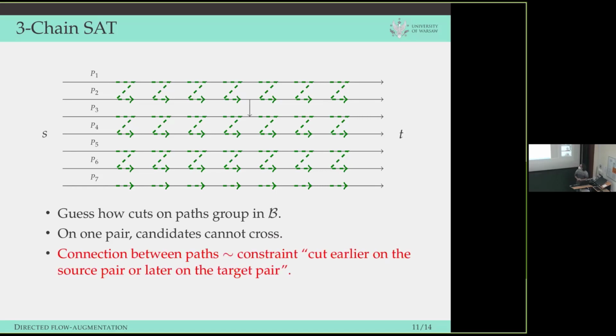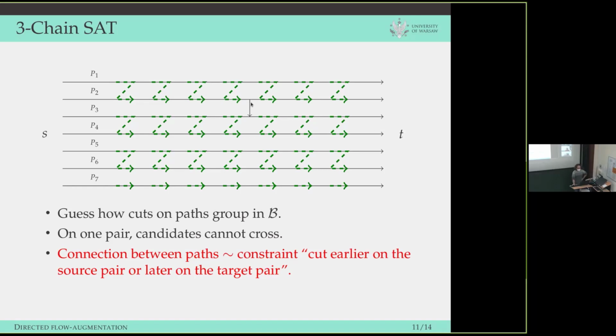And now if you look at some edge or connection between flow paths, like the one that I drew here, this is really saying that you cannot cut here later and at the same time cut here earlier than this place. If you cut something here and something here, then there will be a still a path from S to T, so that's forbidden.